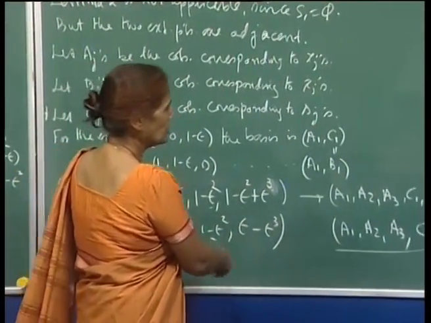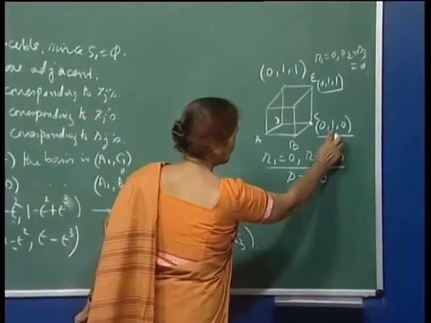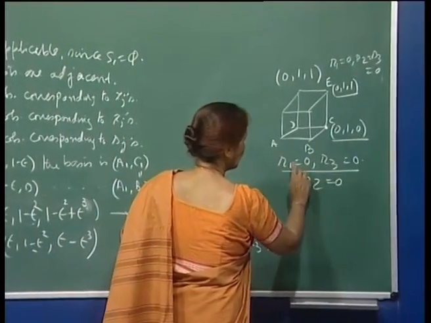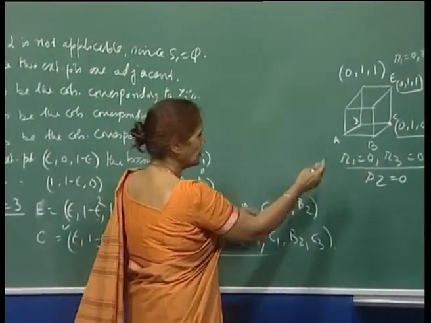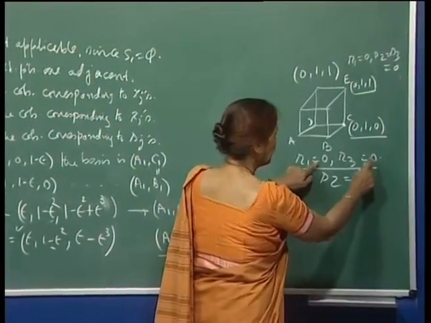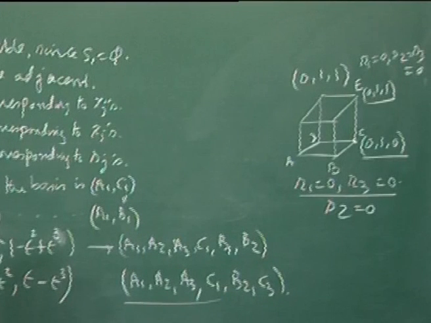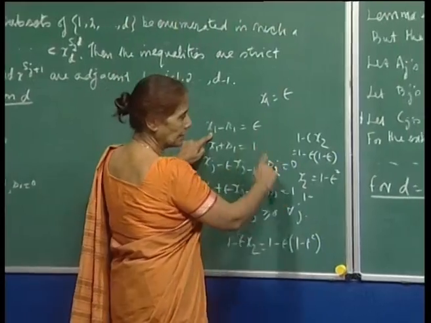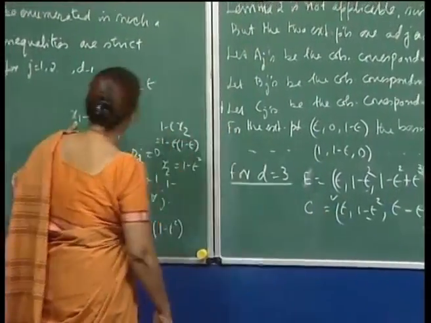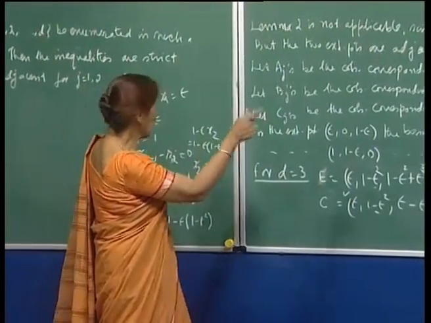For C, you see you have R 2 in the basis, and R 1 and R 3 are 0, which means that then S 1 and S 3 will be there, if you remember the lemma. So, R 1 is 0; from here you immediately see that R 1 is 0, then x 1 is epsilon. I am going for the point C right now, and then S 2 is 0.